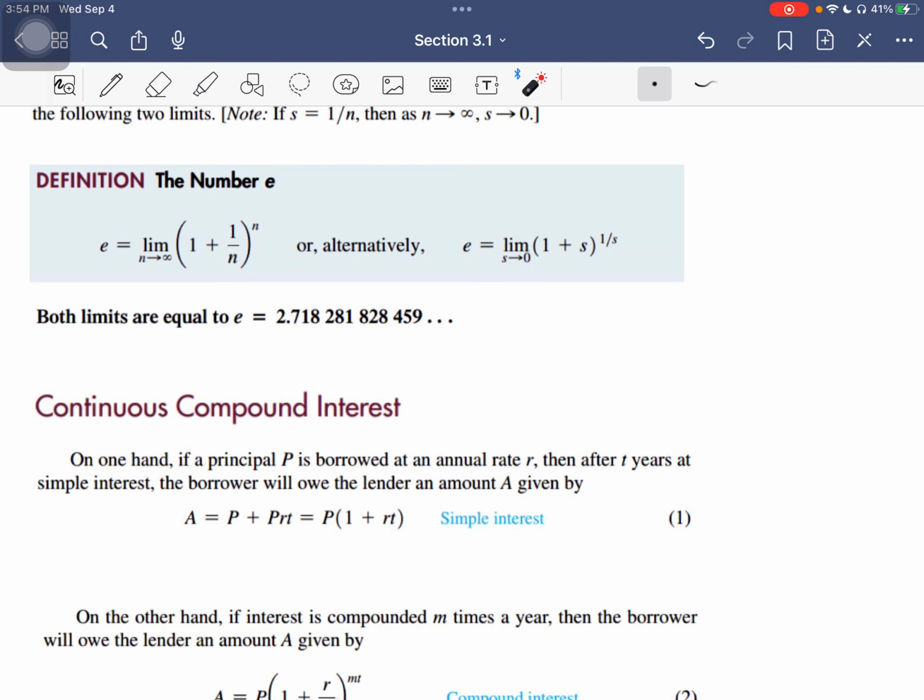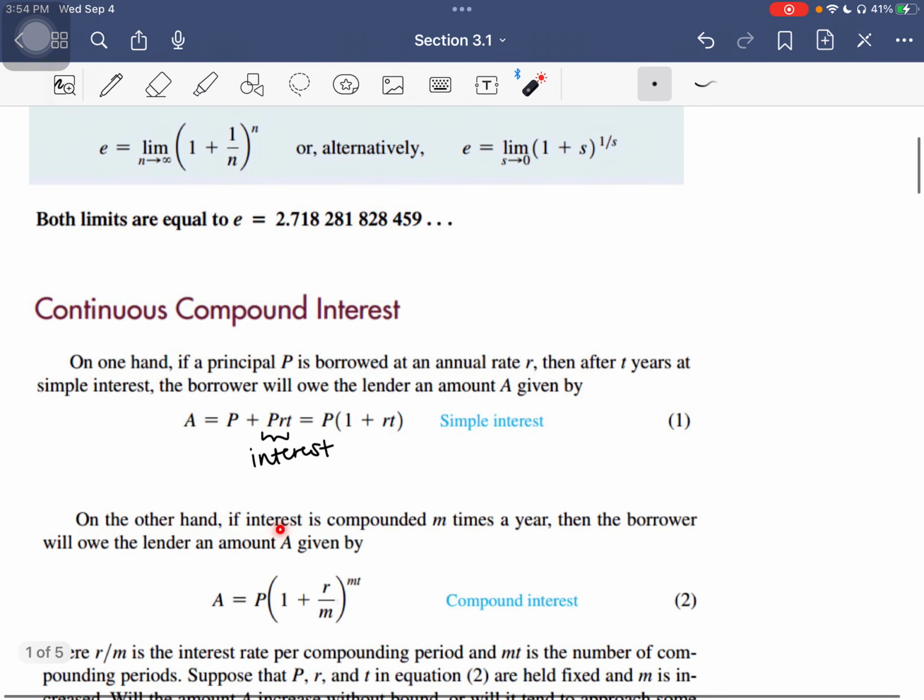Right, so our amount is just going to be our original amount plus the interest that was gained. So our interest is going to be our original amount times the rate times how long it's been, times our time. So that is the formula for interest. And then simplifying this by pulling out our principal amount is given by this. So this is the amount owed, just looking at simple interest.